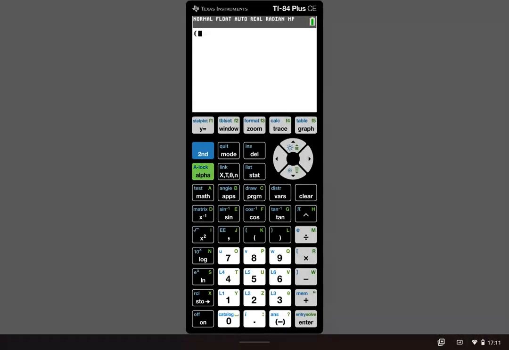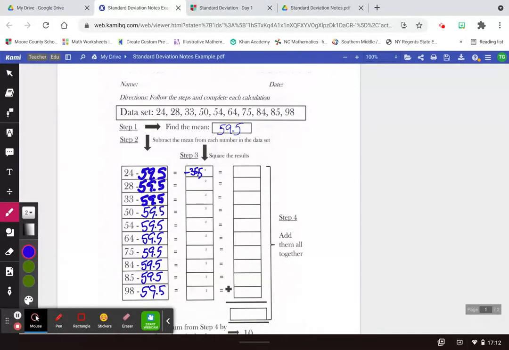So you would use the parenthesis, and then the number was a negative 35.5, okay? And then you could use the X squared key over there and press enter, and it gives you 1260.25, okay? So go ahead and write that number over here.